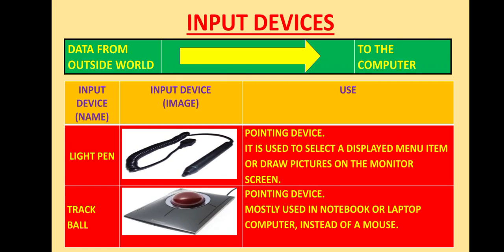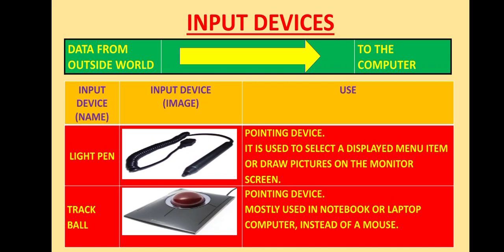It is a pointing device and it is used to select a displayed menu item or draw pictures on the monitor screen. Trackball. Again, trackball is an input device. It is mostly used in notebooks or laptops.